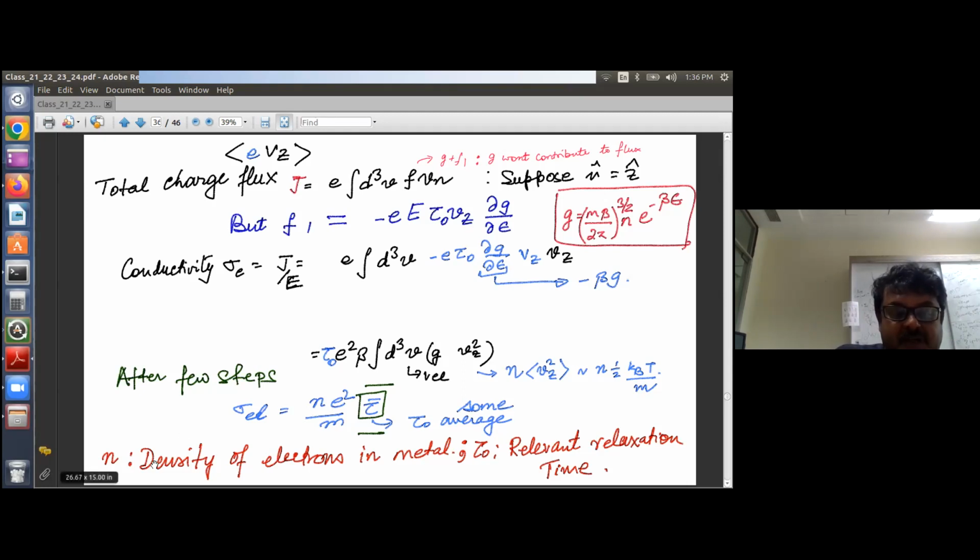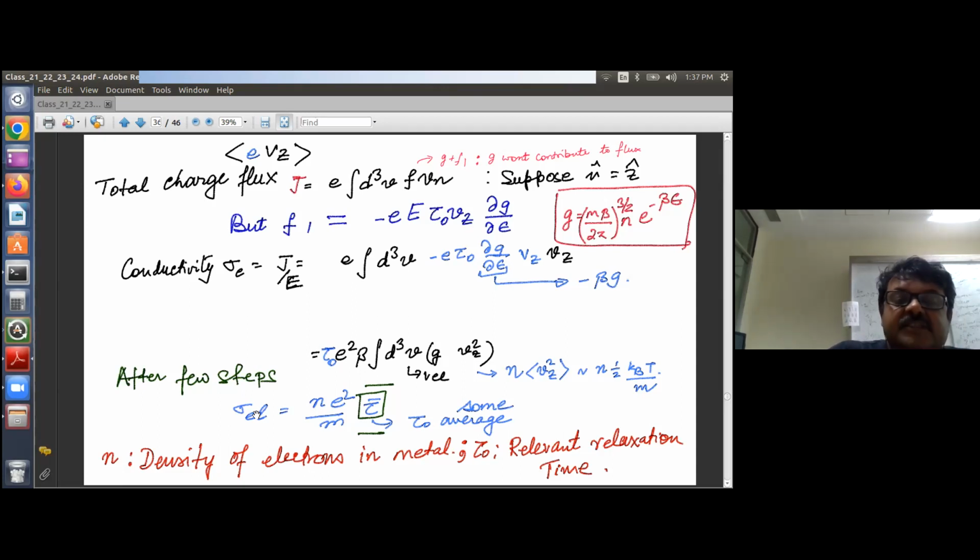And if you get that in a metal or in a semiconductor, then you know, to some approximations where we assume a single relaxation time, where we neglected interaction between electrons, where we are assuming this to be a gas, we're neglecting the effect of the lattice, and so on and so forth. And we assumed, of course, that at each point in space, the electric field is perturbing the F, whereas collisions are trying to bring it back to the equilibrium distribution.